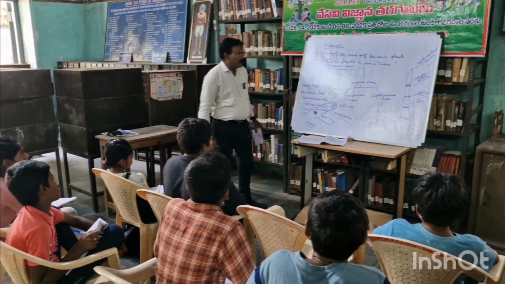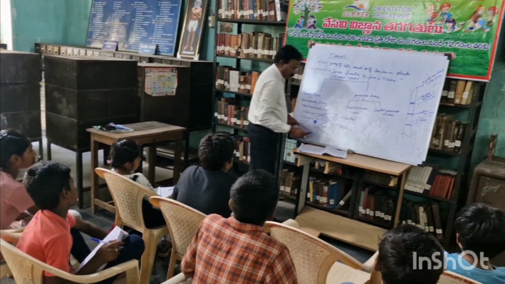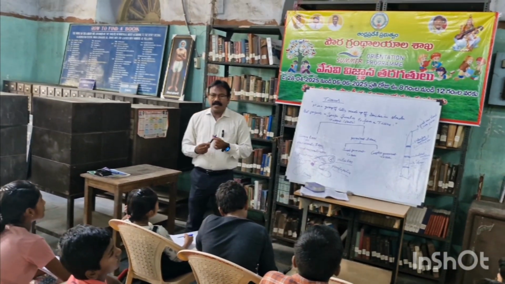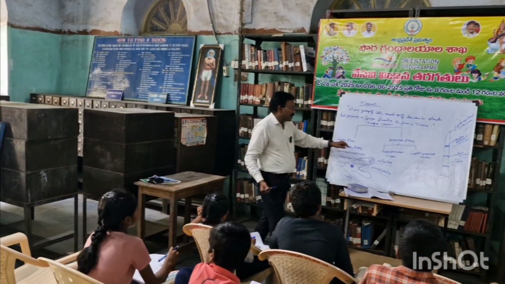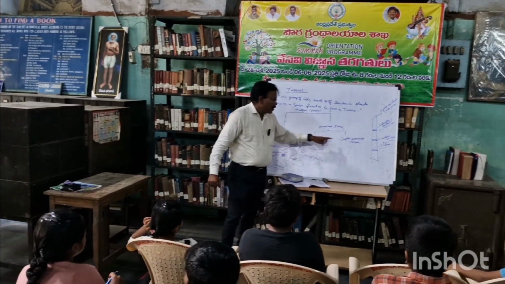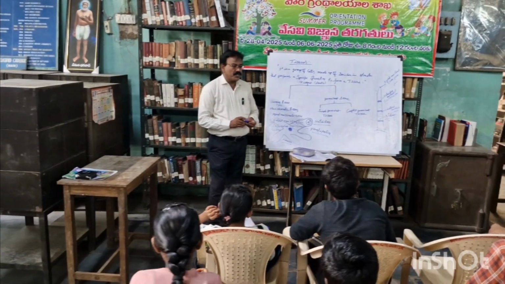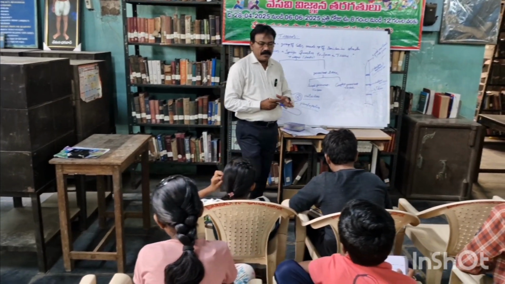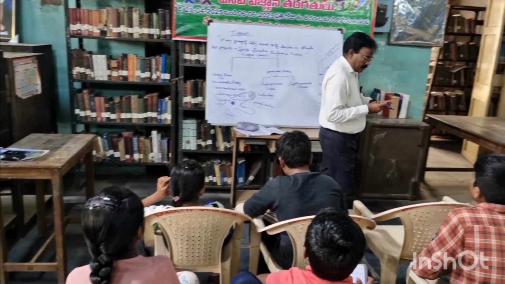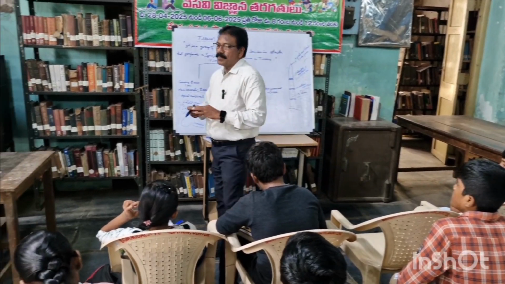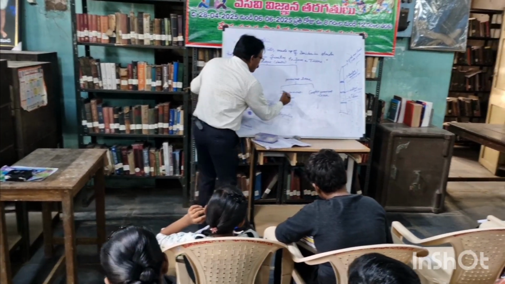So now, what about permanent tissue? Do you know about permanent tissue? What are the two types of permanent tissue? Simple permanent tissue, complex permanent tissue. What are the simple permanent tissues? Give some names if you know that. Parenchyma.